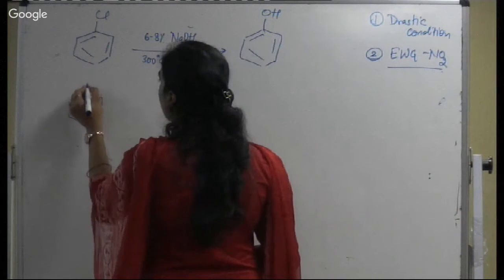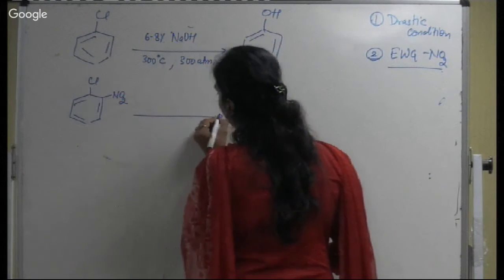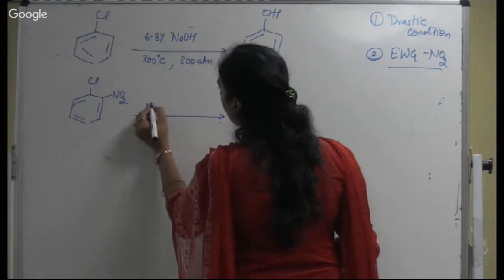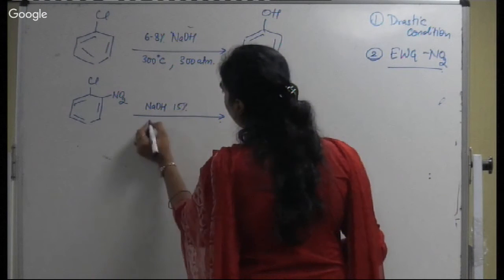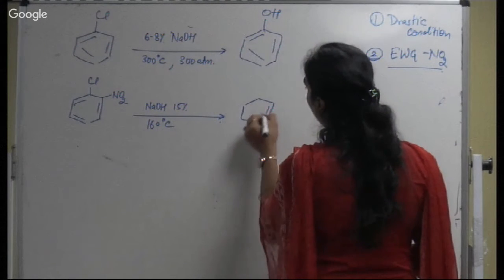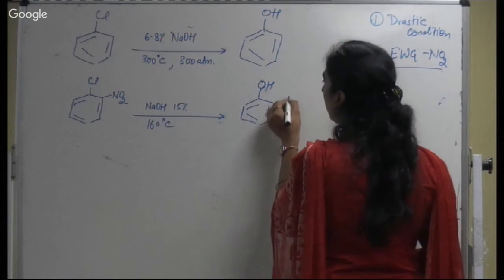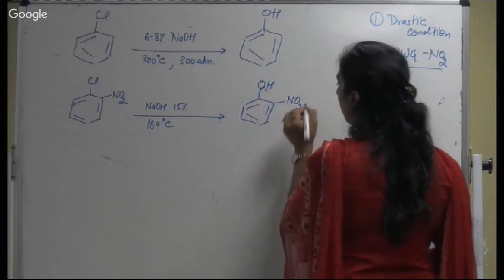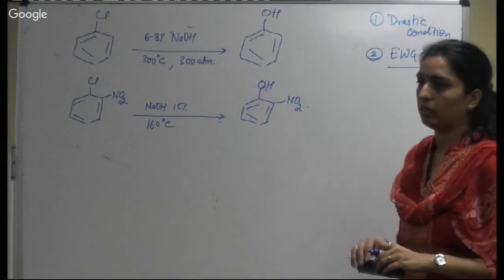For example, take ortho-nitrochlorobenzene. If you carry out the same reaction at about 160 degrees Celsius, the reaction is over and you don't have to provide any pressure for this reaction.